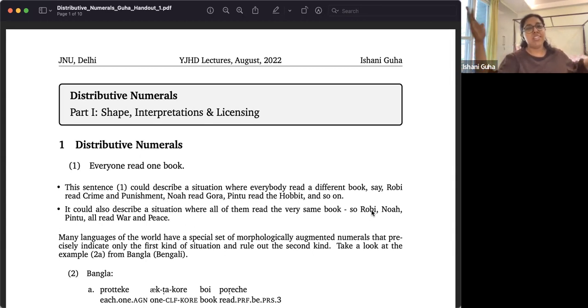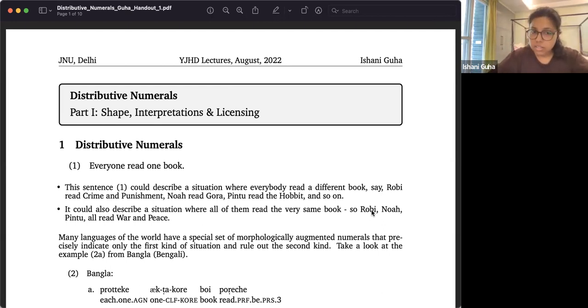It didn't even occur in my studies anywhere. So I am assuming that you don't know what these things are. I will begin by giving you what exactly this entity is, the natural language expressions that we are looking at. I'll give you a bit of typology, and tell you the basic properties in my first class.